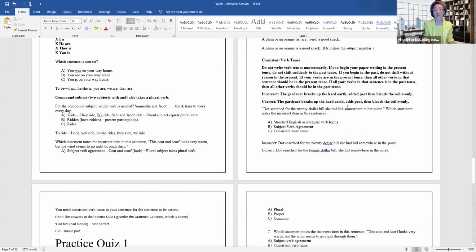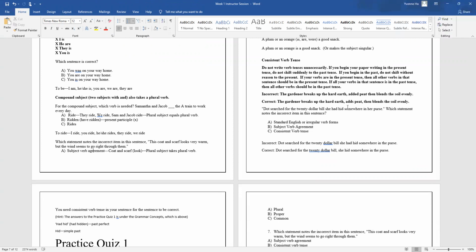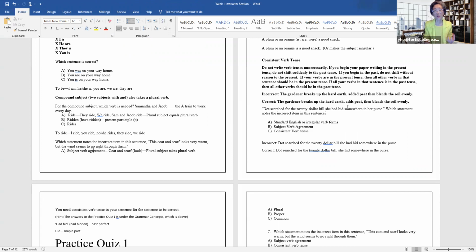And so when you have verb tenses, not only do your subject and verbs need to agree, you also have to have consistent verb tense. If you start the sentence in past tense, then all of your verbs have to be in past tense. If all of your verbs are in present tense in one sentence, then all your verbs have to be in present tense.